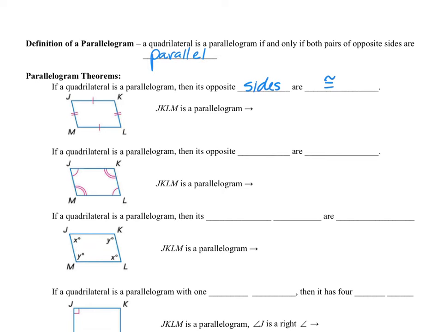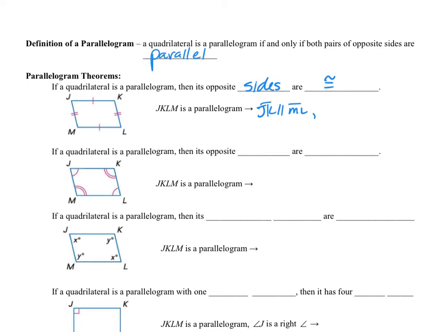Okay, so in terms of this diagram, here we have a parallelogram. You can see the markings, so we can see that opposite sides are parallel. So we know this is a parallelogram. What this theorem tells us is not only are these opposite sides parallel, but the opposite sides are also congruent. So if JKLM is a parallelogram, then we can say that JK is parallel to ML.